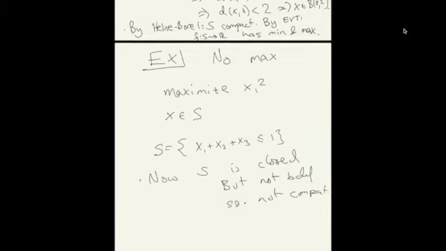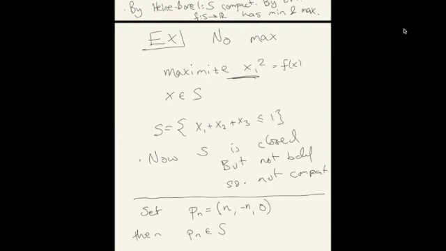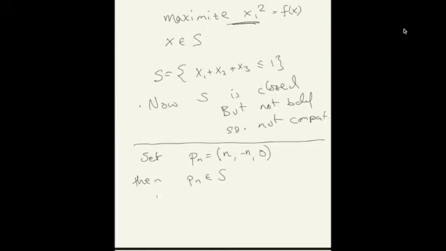Well, this doesn't mean that there is no maximum. We still need to show that this function attains arbitrarily large values. If we look at a sequence of points, let's set Pn equals (n, -n, 0), then Pn are all points in S, and let's call this our function f of x, just to make it simpler to refer to it.